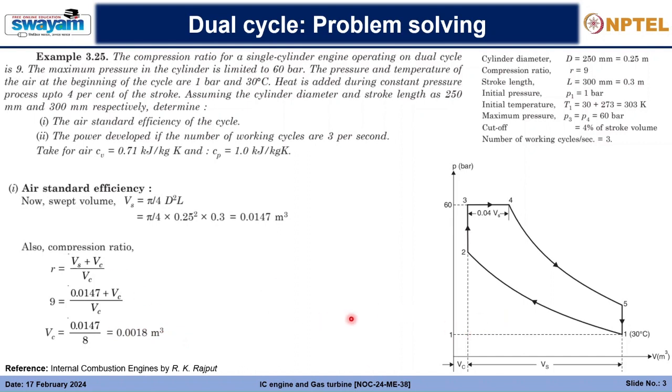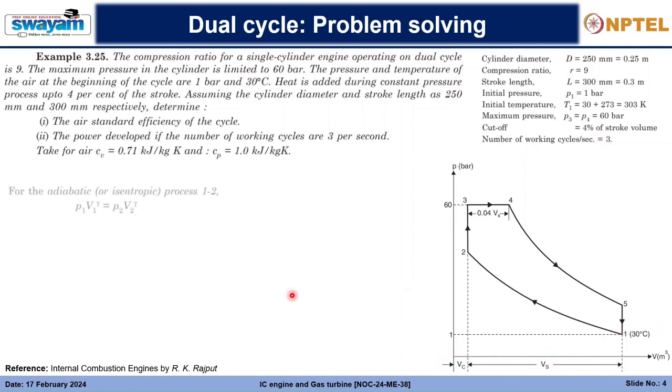So we found Vc, and that will be needed because Vc is equal to V2 as well as V3. And if we know V3, we can directly get V4 because that is related to Vs, which we know now. And V1 we can also get by the sum of these two volumes.